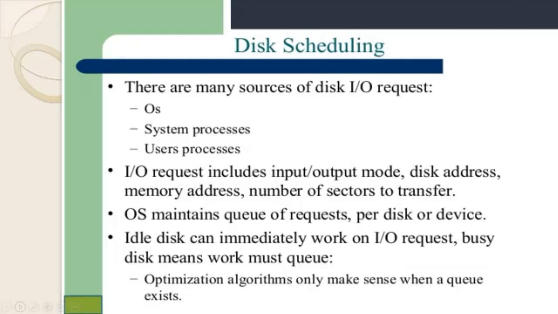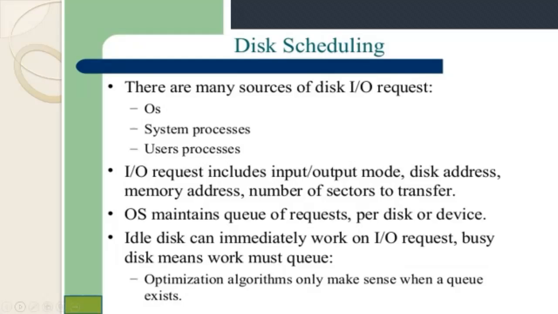So there are many sources. An IO request includes the input-output mode, disk address, memory address, and number of sectors to transfer. Number of sectors and number of tracks are present in disks.